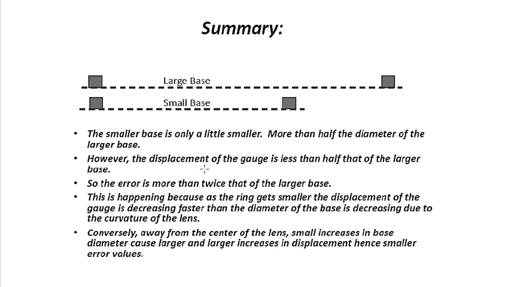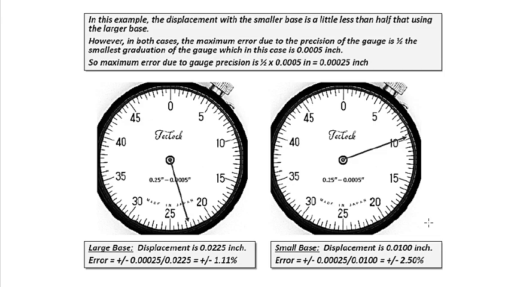The displacement is the one that we calculate by using the sagittal height, it goes up from the 0 point. So that is your displacement. When you think about that, you saw that the displacement of that gauge is less than half that of the larger base, which I can go back here and show you.